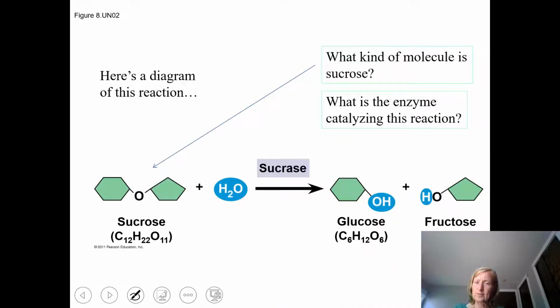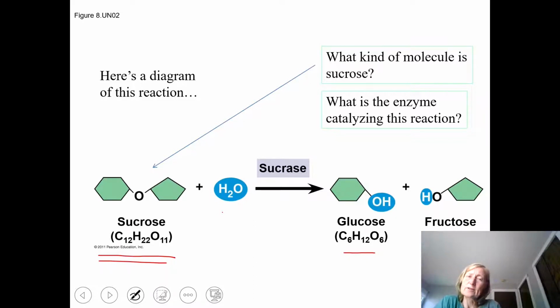Here's another picture of this reaction. Here we've got our sucrose molecule and water, and we're breaking it into glucose and fructose. What kind of molecule is sucrose? I think I mentioned that already. It's a disaccharide. And what is the enzyme catalyzing this reaction?